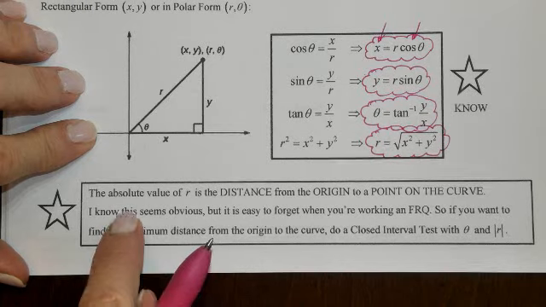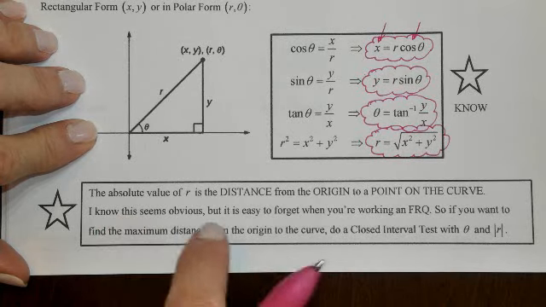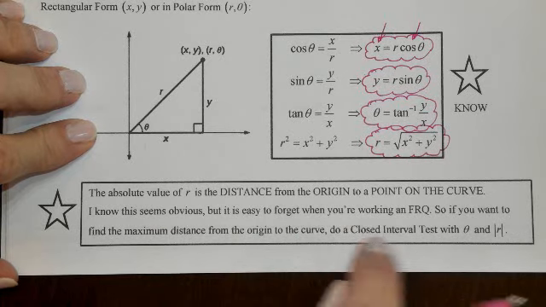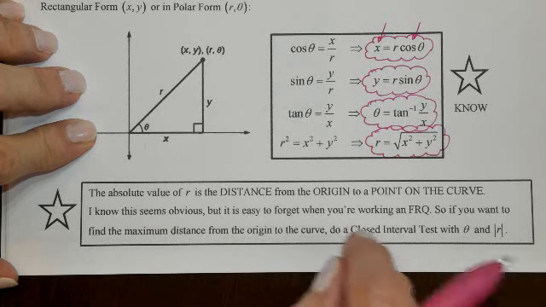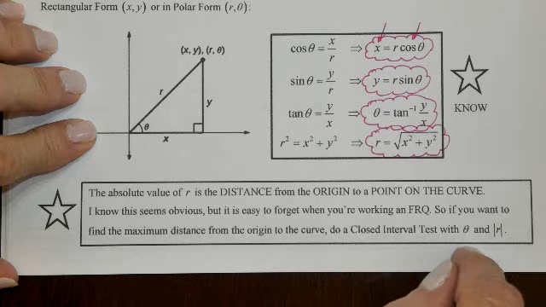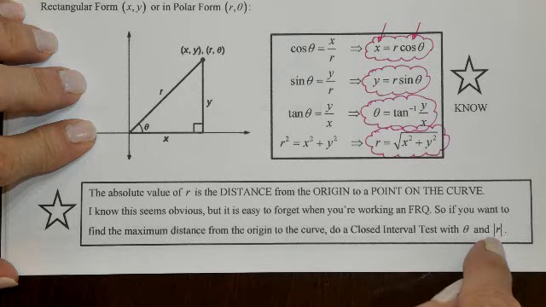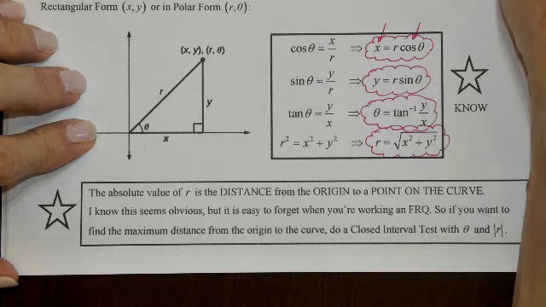I know that seems easy, but it's also easy to forget when you're working on a FRQ. Particularly when you're trying to find the maximum distance, don't forget about those negative r values. You want the absolute value of r, not just a plain r.